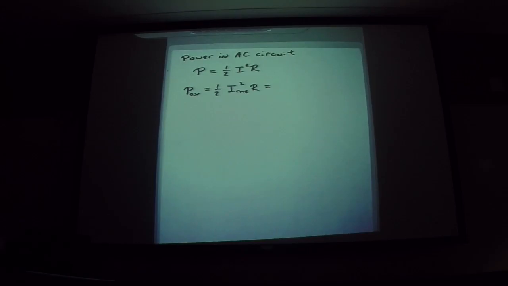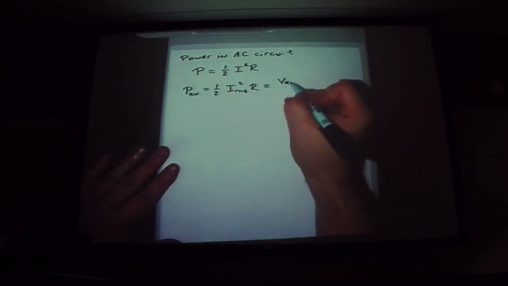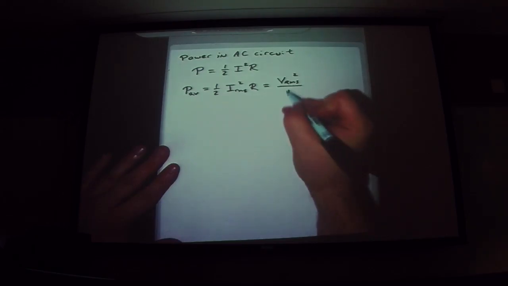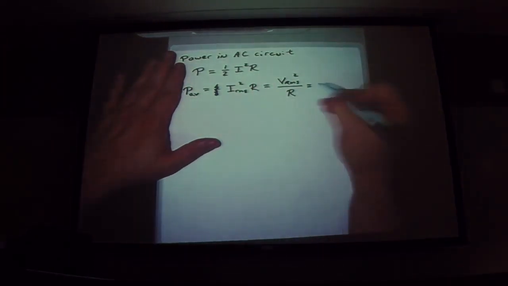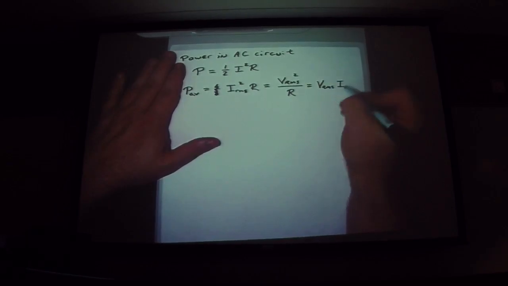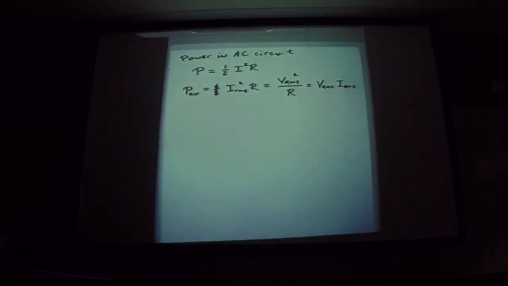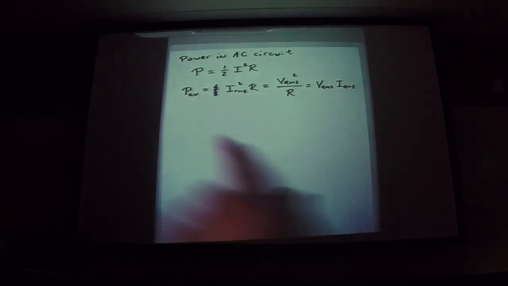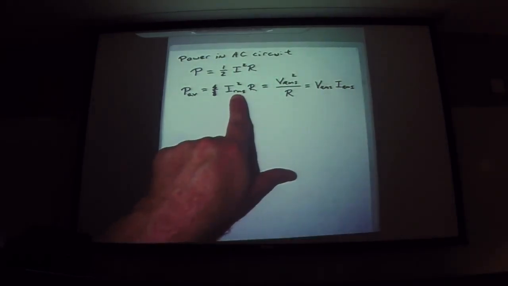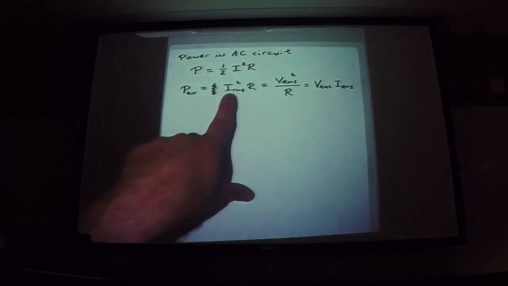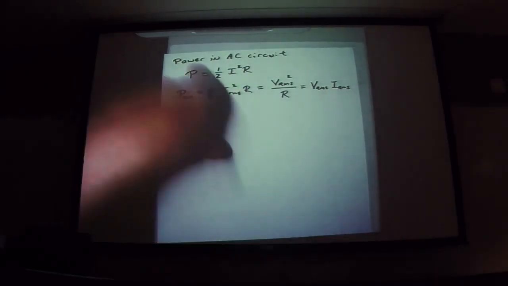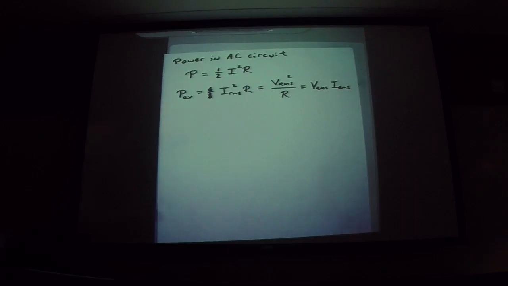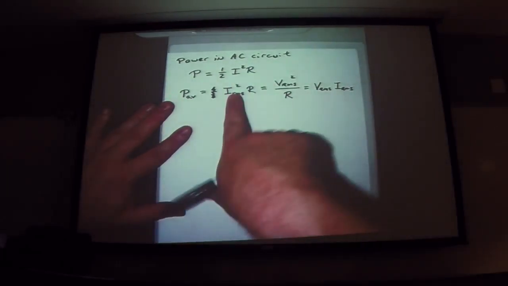If I plug that in, I can say this is the RMS voltage squared divided by the resistance R. Or the other way to put it, the V RMS multiplied by the I RMS. There's no half here, because this already includes the half in it. If I divide by the square root of 2 and square it, I would have overcounted my halves.